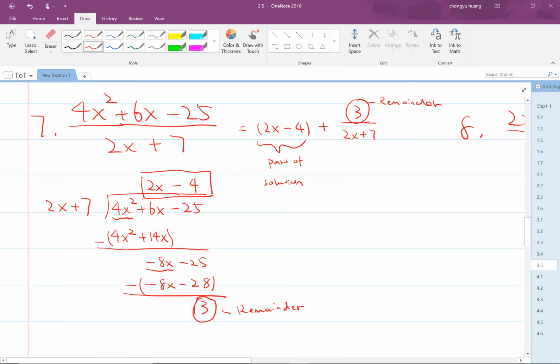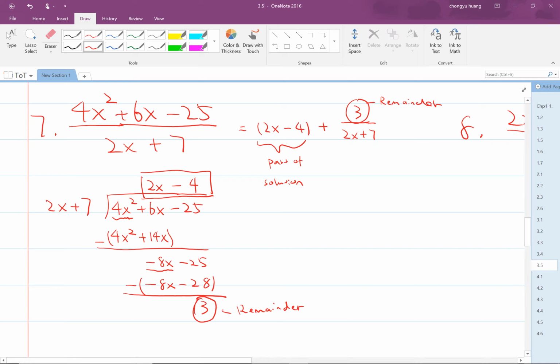So therefore you need to write it down in this kind of way. Since 3 is the remainder, you just write it down as 3 over 2x plus 7, in this way. This is really important.